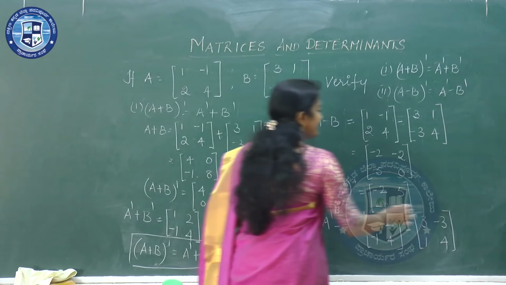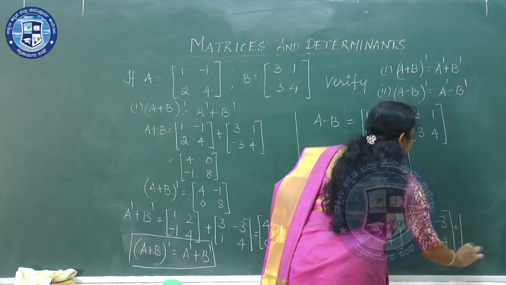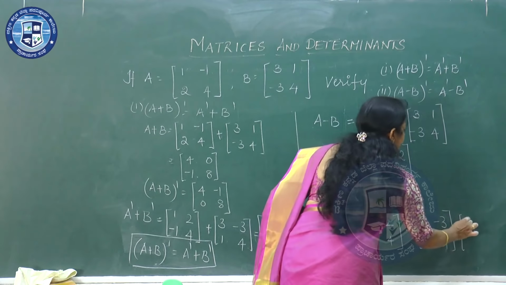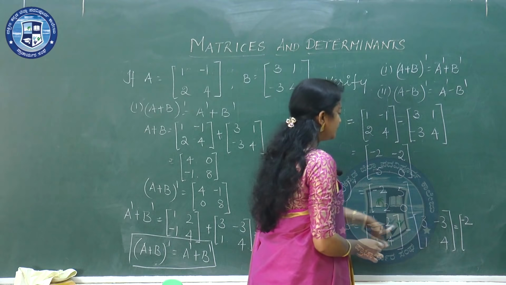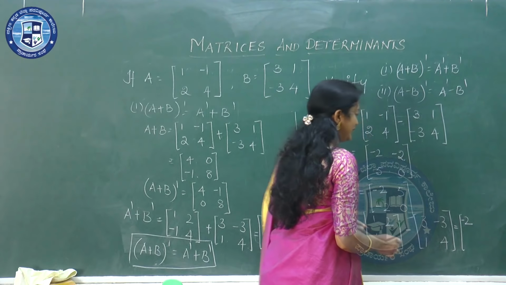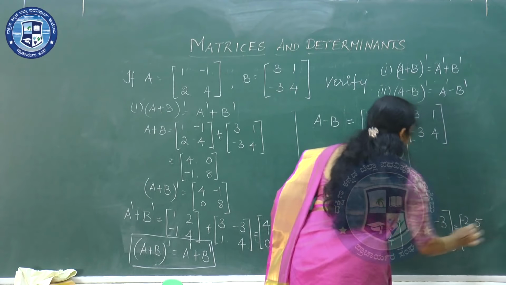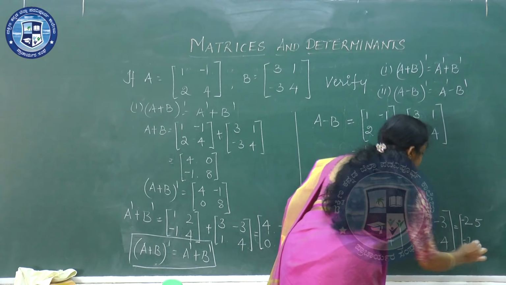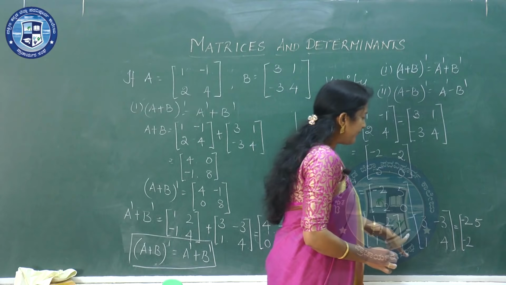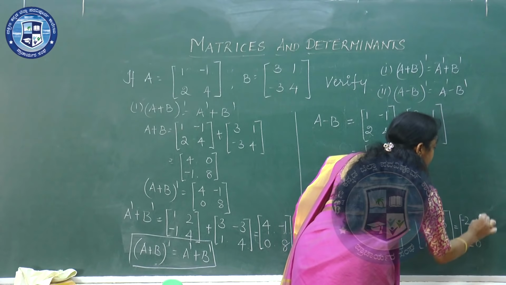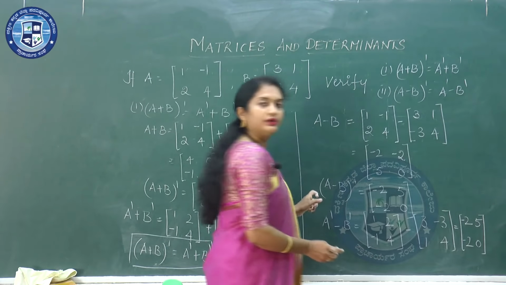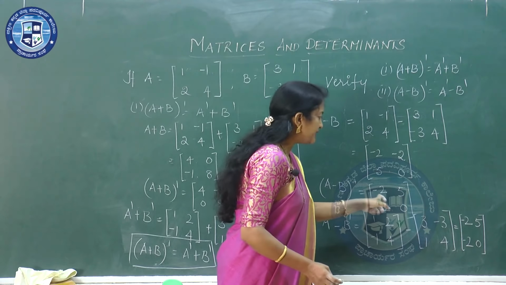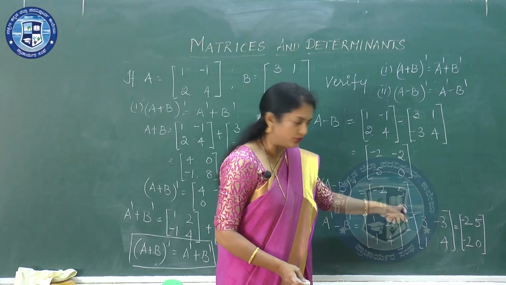Now the difference is 1 minus 3 is -2, 2 minus of -3 is 2 plus 3, 5, -1 minus 1 is -2, 4 minus 4 is 0. Now you see (A minus B) whole transpose is [-2, 5; -2, 0].